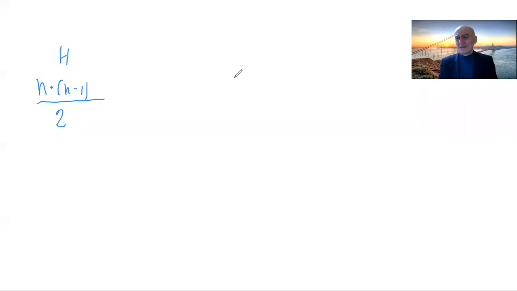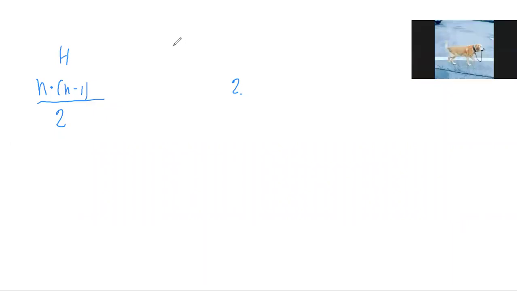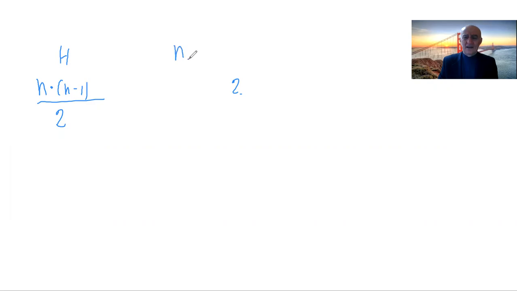How many subsets with two elements does a set with n elements have? So I want to formulate this problem like this: we have a set with n elements, and how many subsets with two elements are there?